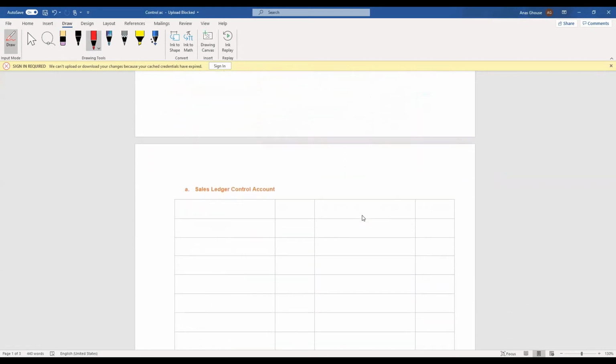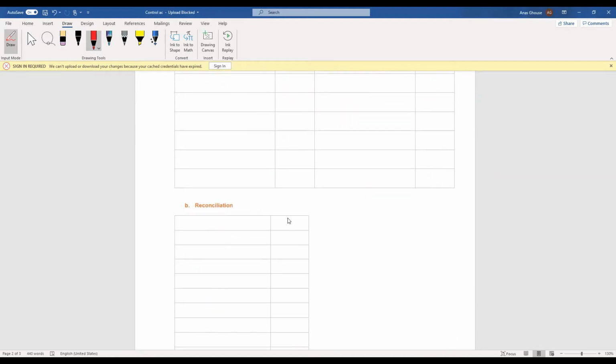Now let's take the opening balances of the sales ledger control account. 32,748, it's a debit balance. This is the balance brought forward. And also we had a balance brought forward, credit balance 3,000. We also need the reconciliation.